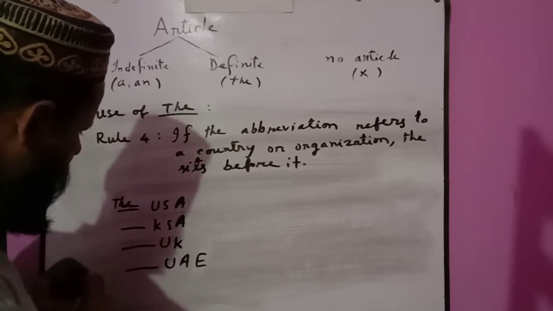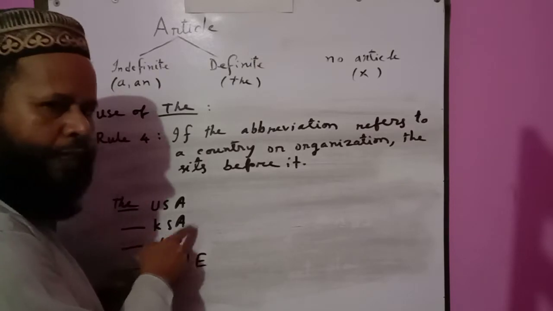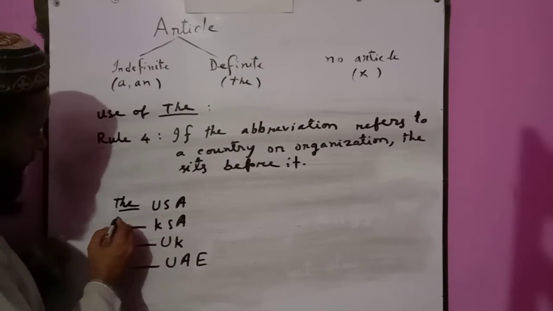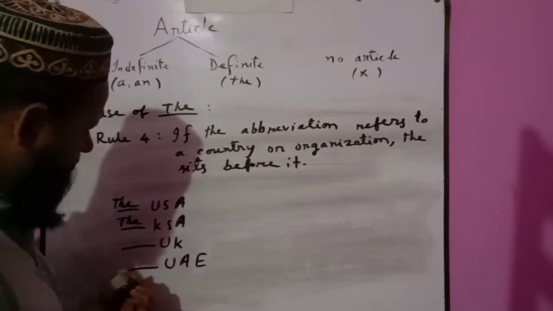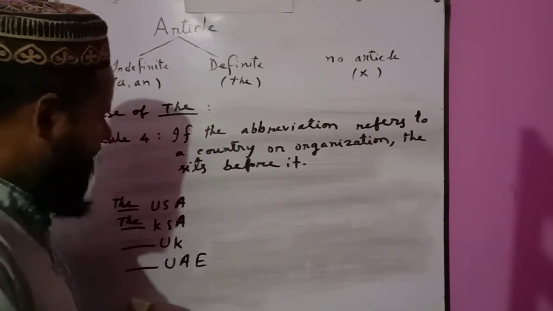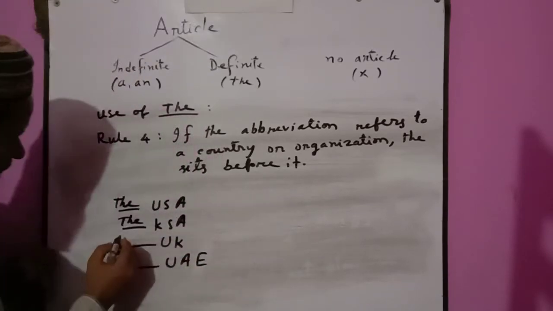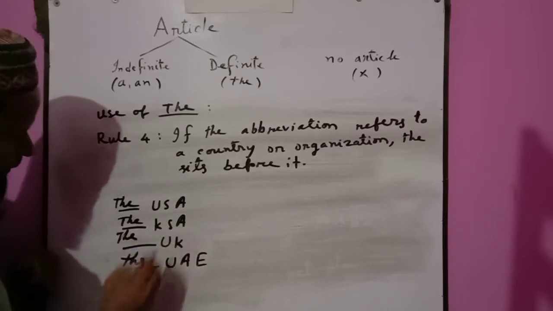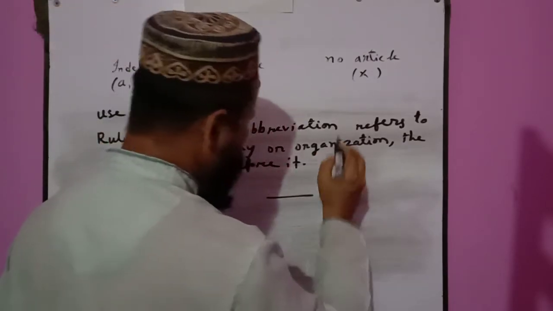KSA refers to Kingdom of Saudi Arabia, name of a country, so we must use the. Similarly, UK, United Kingdom, name of a country, UAE, name of a country, United Arab Emirates. So we shall use the before abbreviation, as the abbreviation refers to a country or organization.